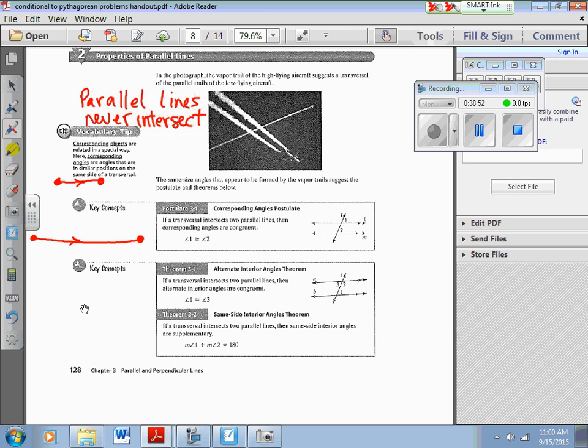This part right here is a symbol that tells you that they're parallel. Okay? So in your notes, if you draw from A to B and C to D, this is saying that A to B is parallel to C to D.